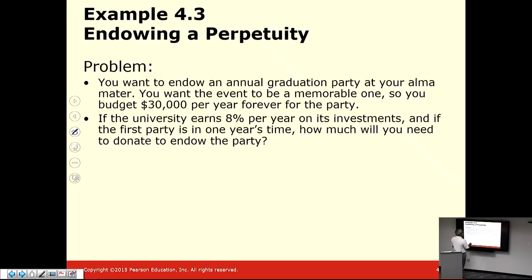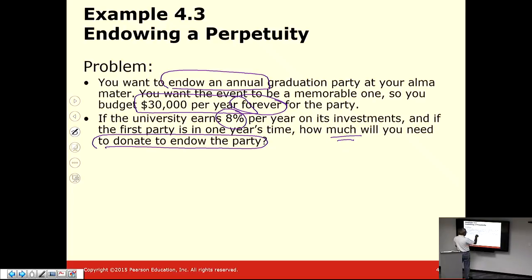And here is a simple problem that illustrates it. You want to endow your alma mater, and you want the endowment to have a budget of $30,000 per year forever. And the rate of return for the university is 8%. So how much will you need to donate to endow the party?